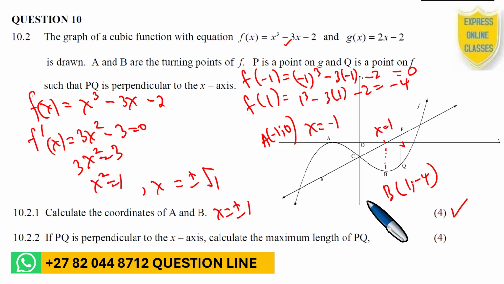Try 10.2.2. Once you are done with 10.2.2, please let us know so that we can see exactly what we can do.